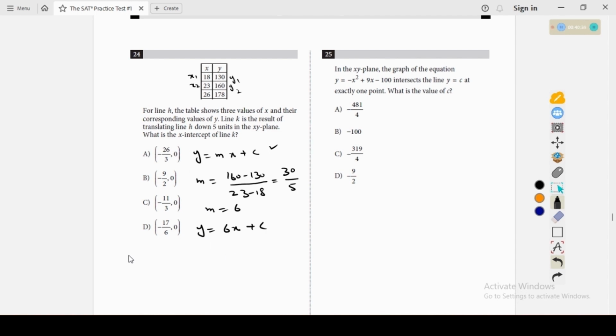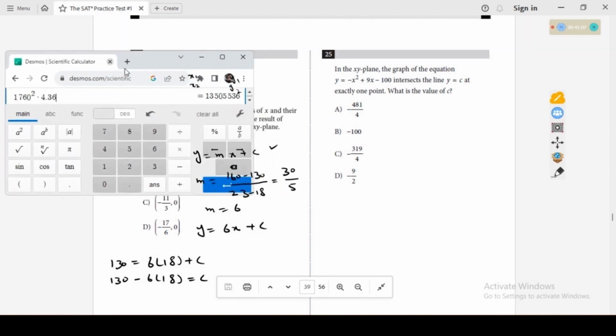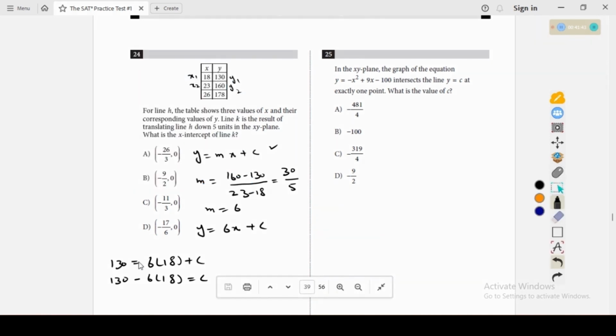The equation becomes 130 equals 6 times 18 plus c, which can be written as 130 minus 6 times 18 equals c. Solving this, the answer is 22, so c equals 22. The equation becomes y equals 6x plus 22.